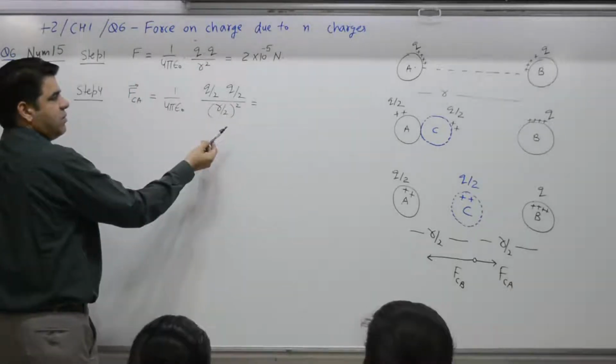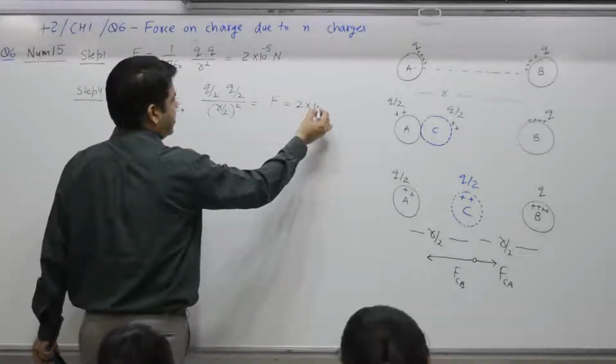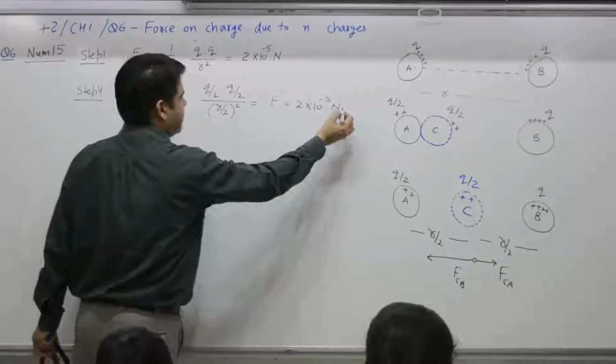This is 1 by 2 squared, 1 by 4. This comes out to be the same as F, equal to what? 2 into 10 to the power 5.